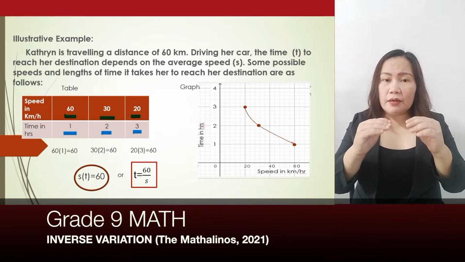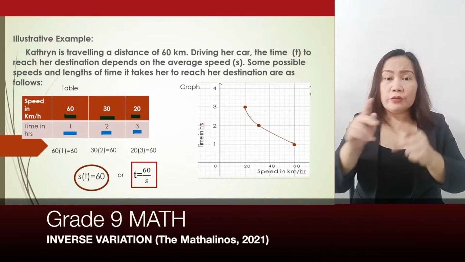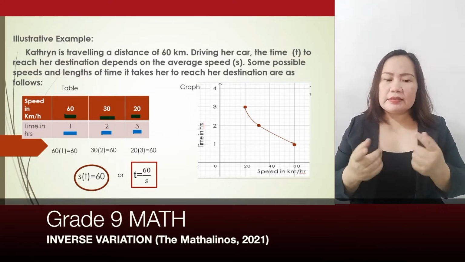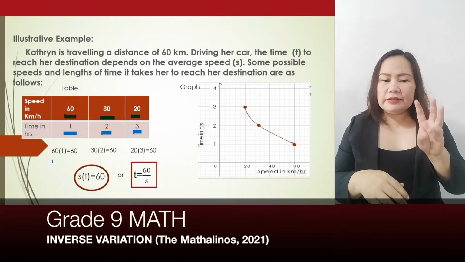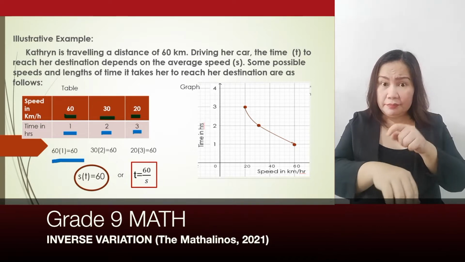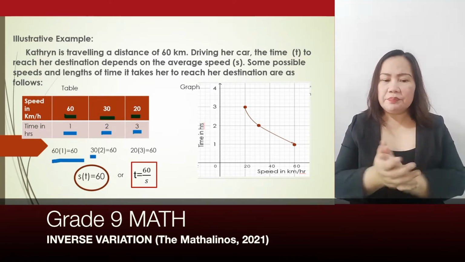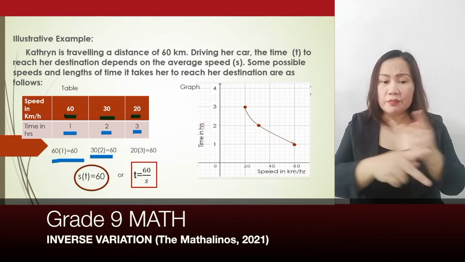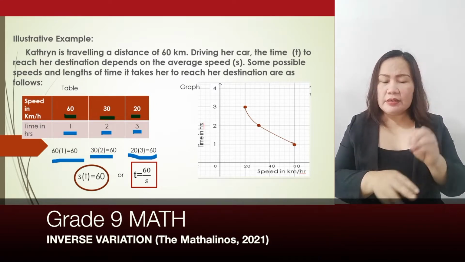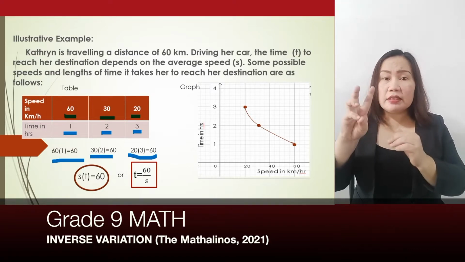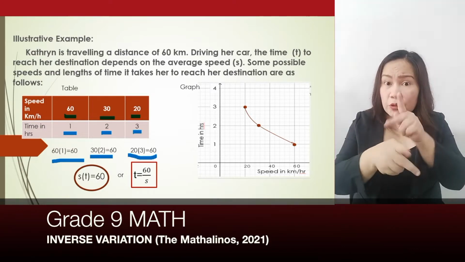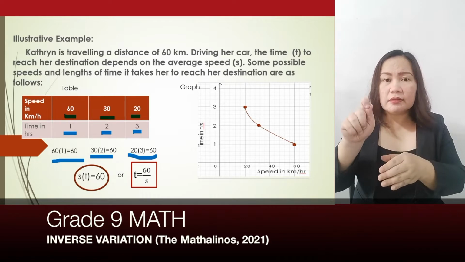to the speed. Let us try to get the product of the pairs of values. The pair 60 and 1, its product is 60. 30 times 2 is 60. 20 times 3 is 60. We observe that the product of each pair of values is constant, which is 60.